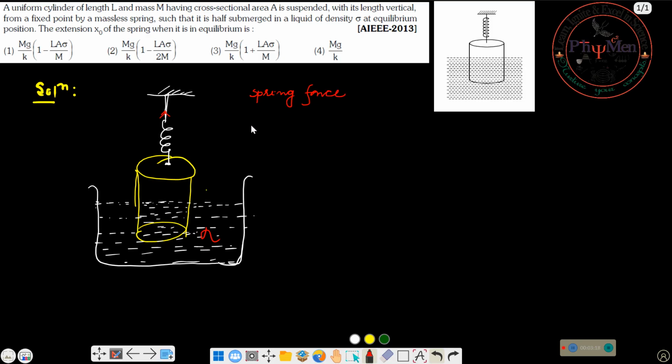As the spring is extended, let the spring force be kx naught, assuming that x naught is the extension in the spring in its equilibrium position.